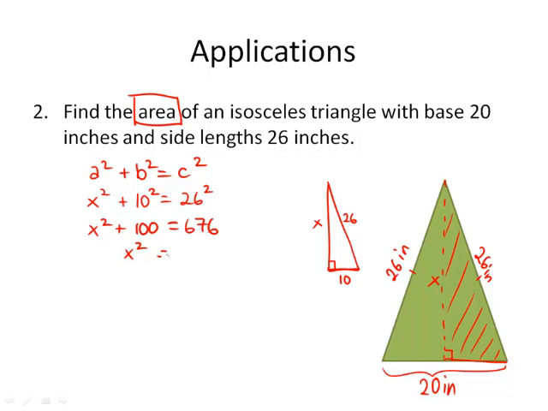Subtract 100 to get x squared by itself, and you get 576. Use the square root property to take the principal root, giving us the square root of 576, which is 24. So that tells us that the height of this isosceles triangle is 24 inches.